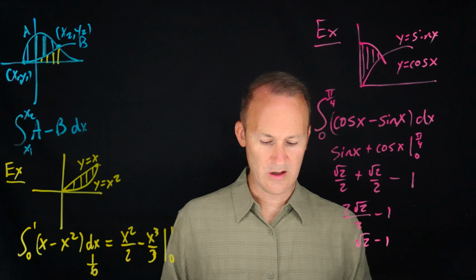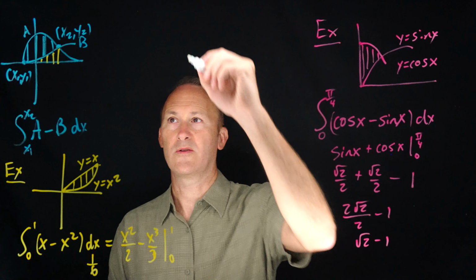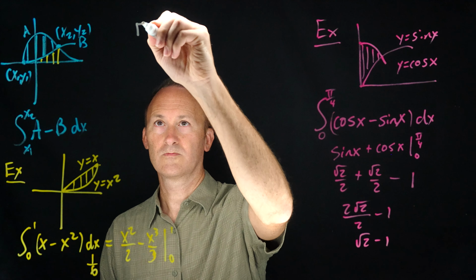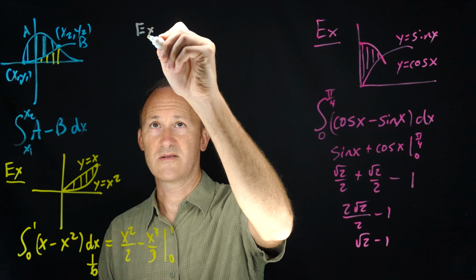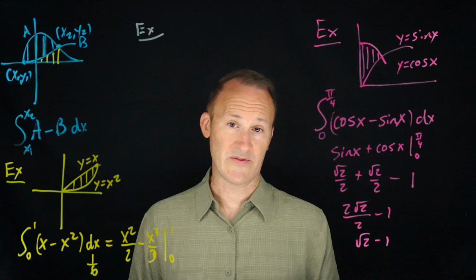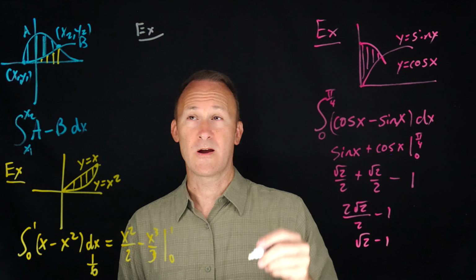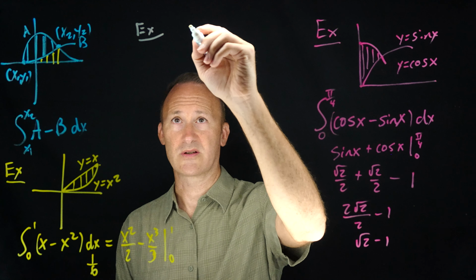Let's do another one, and for this next example, let's consider the following. In some cases, you might just be given the equations, and you might need to even graph it on your own. So let's try this. We'll keep it relatively simple.